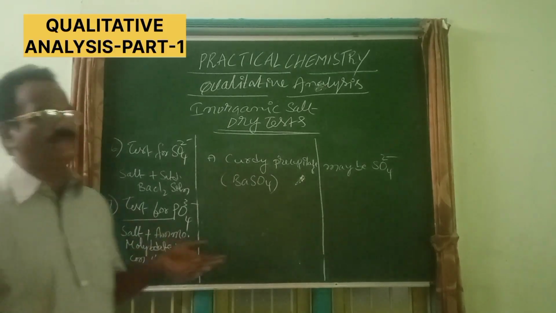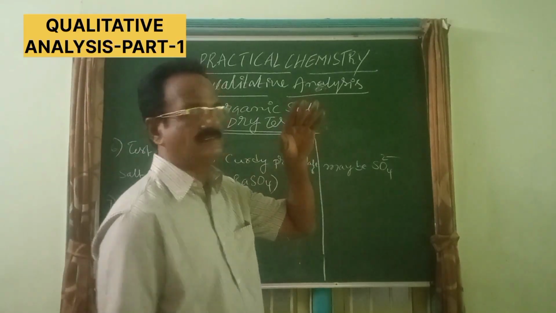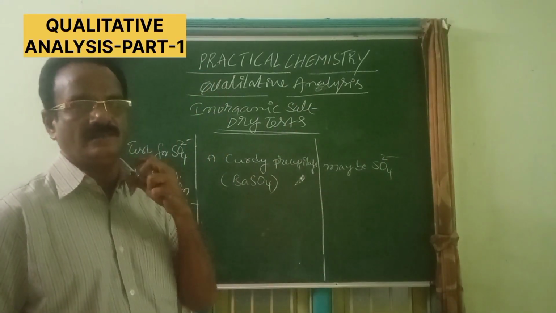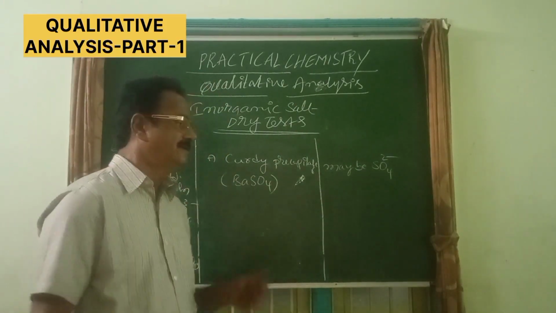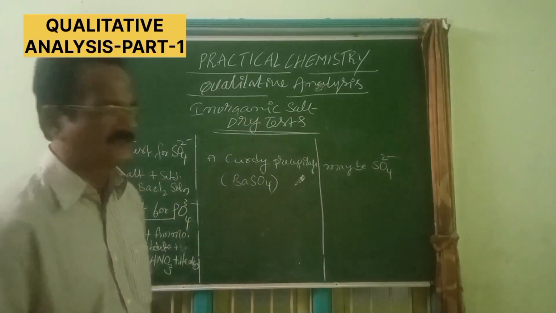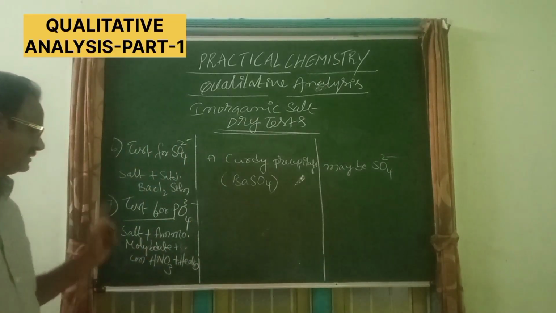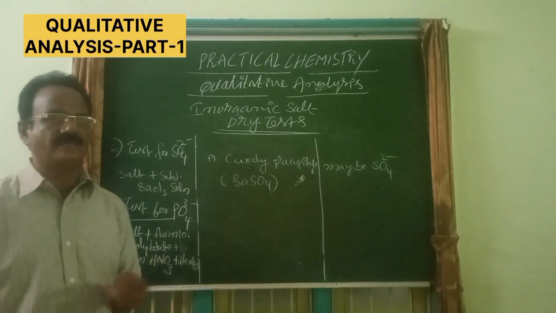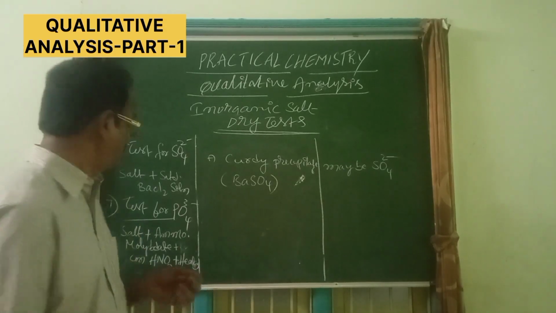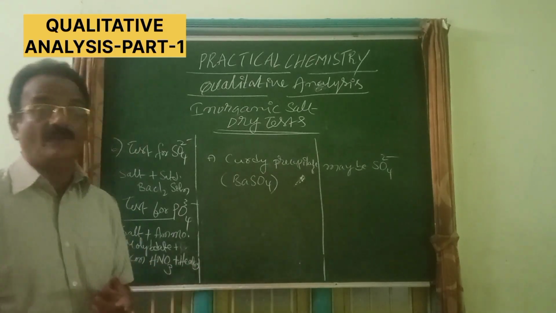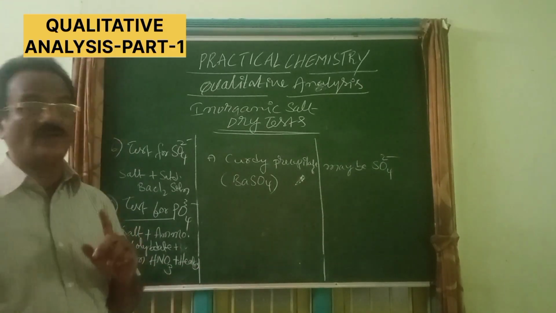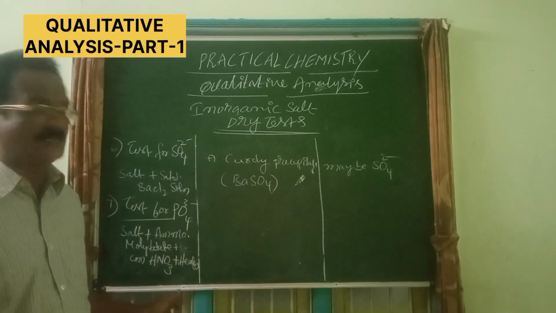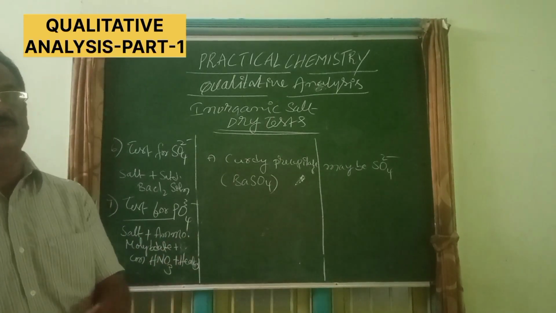If you fail to find all the remaining ions, then you go for phosphate. A pinch of salt is taken in the test tube, and then ammonium molybdate is added, followed by addition of concentrated HNO3 and then subjected to heating.